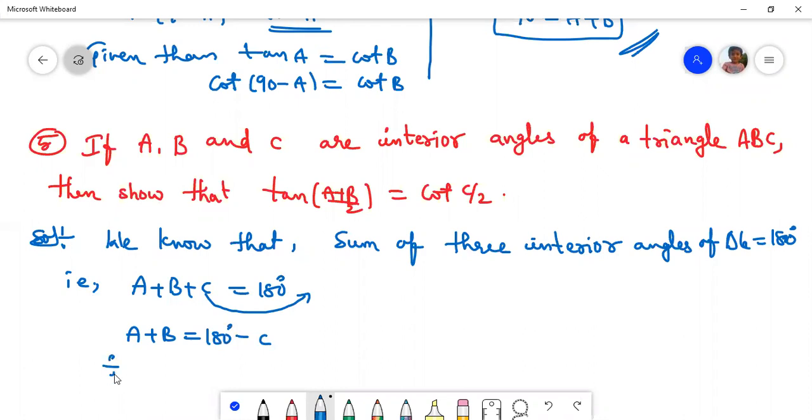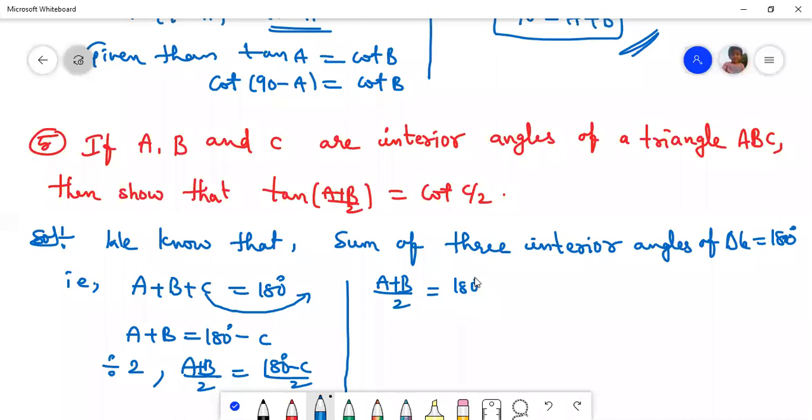Next, divide on both sides by 2. We are getting (A plus B) by 2 equal to (180 degrees minus C) by 2. From this, (A plus B) by 2 equal to 180 degrees by 2 minus C by 2.